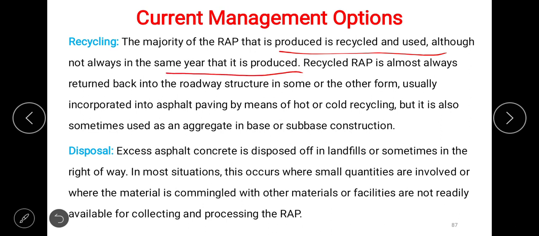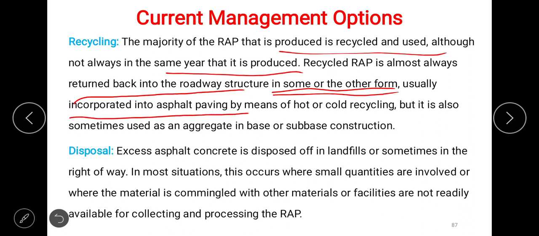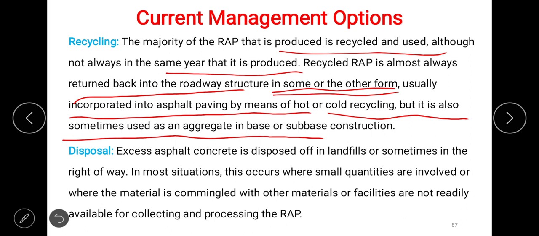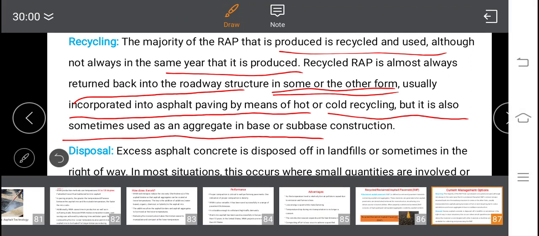Recycled RAP is almost always returned back into the roadway structure in some form, usually incorporated into asphalt paving by means of hot or cold recycling. But it is also sometimes used as an aggregate in base or sub-base construction.